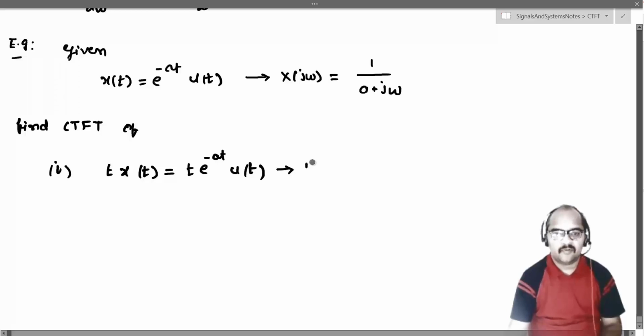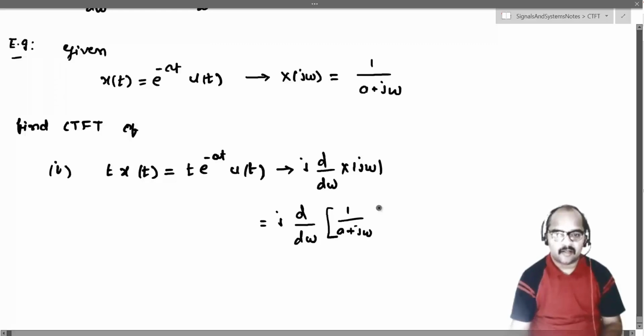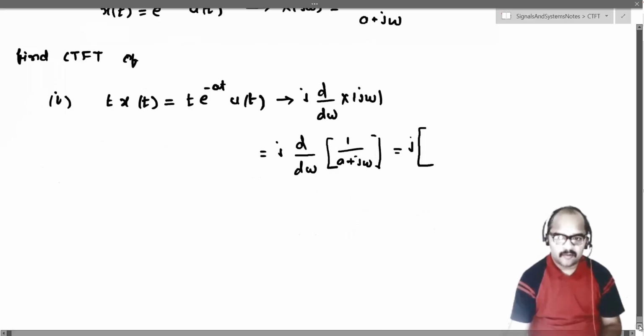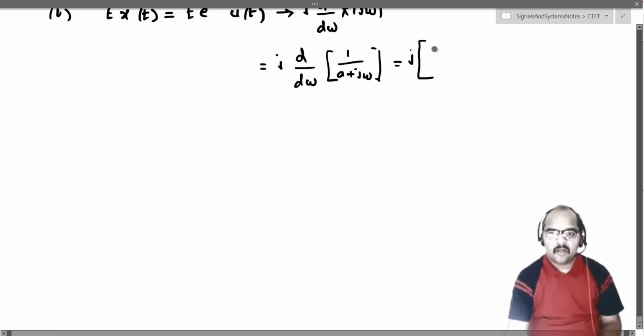So this will have j times d by d omega of x of j omega, which would be equal to j times d by d omega of, what is x of j omega here? 1 by a plus j omega. So what will this give as the answer? We do the differentiation. So you will get j times minus 1 by a plus j omega whole square, and again this whole thing is multiplied with j.